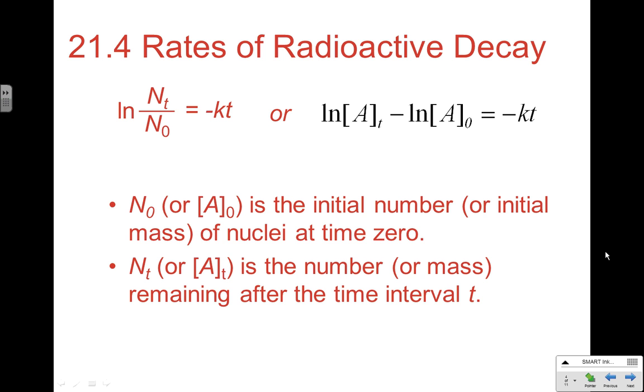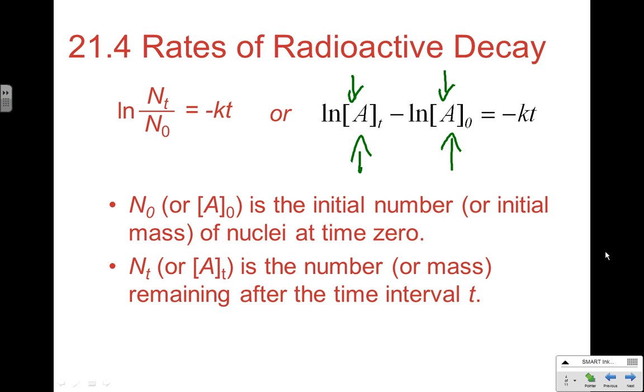So if you were to put a Geiger counter next to a large sample of some radioactive substance, at the beginning, more particles are going to be actually decaying because you've got a larger sample size. So when you've got a big mass, half of it's going to be a larger number. So we can also substitute into these spots the actual number of particles decaying per unit of time at time zero at the beginning and later at time t.